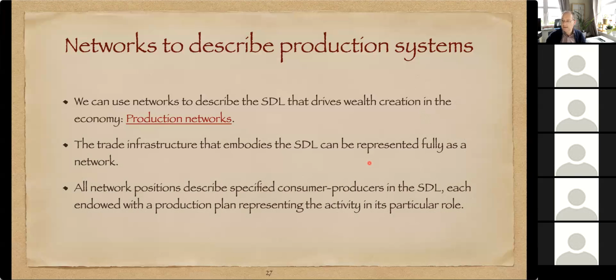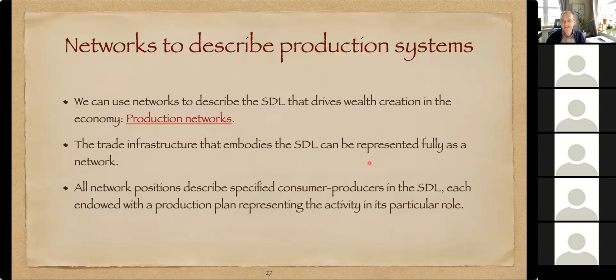So when we talk about a worker who provides labor to a firm, a firm is also an entity. It's a position in the network. Well, that worker is a consumer as well, with a utility function, exercising demands on the consumption good markets.